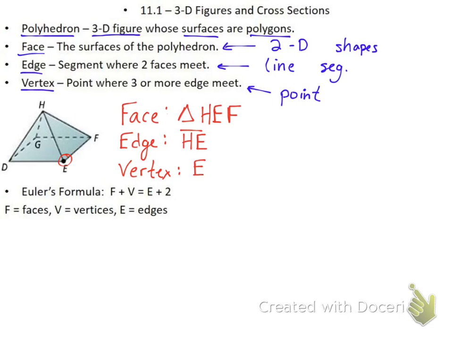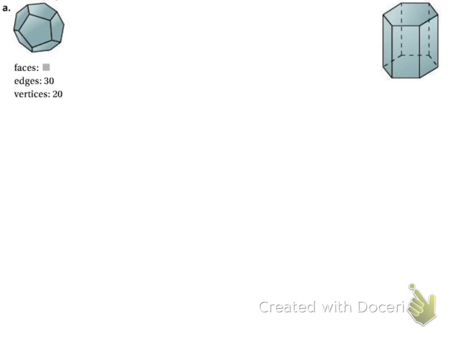One of the things that we have with all polyhedron is Euler's formula, which is that for every 3D shape, my faces plus my vertices will always equal my edges plus 2. So if I wanted to figure out how many faces this thing has, I could use that formula to work backwards.